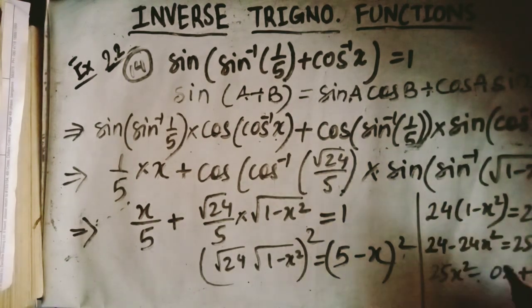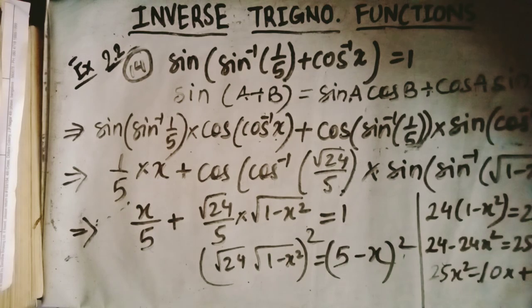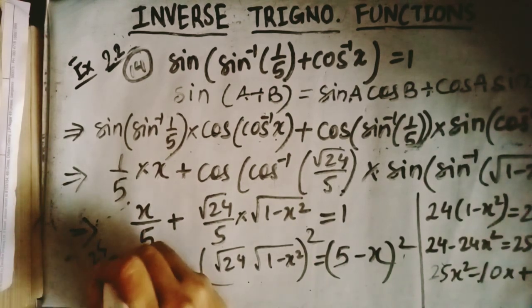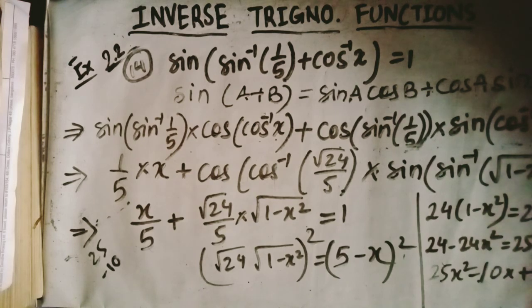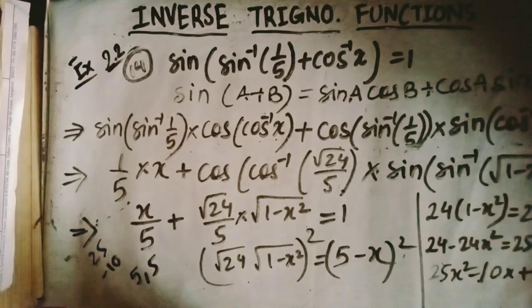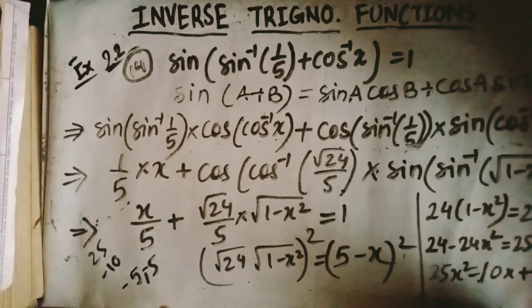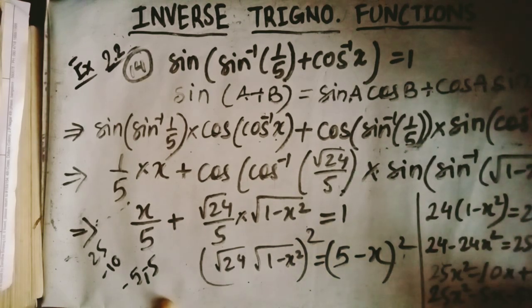So if you find the factors, you will get 25 and minus 10, so 5 5s are 25, and you will get minus 5 minus 5. 25x square minus 5x minus 5x plus 1 equal to 0.